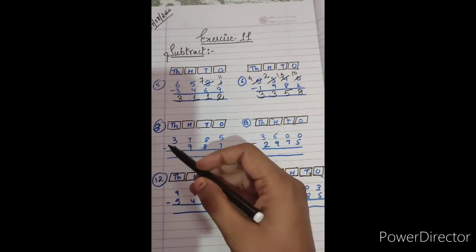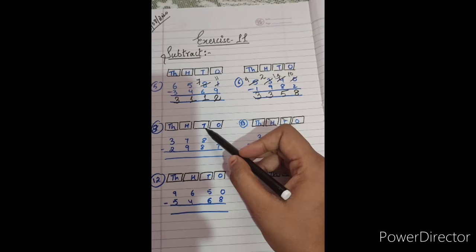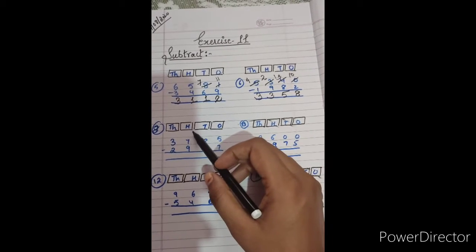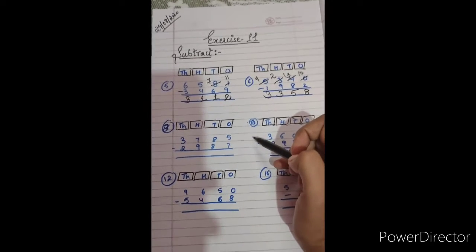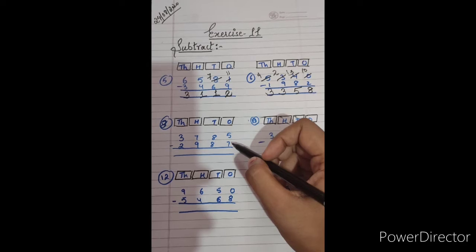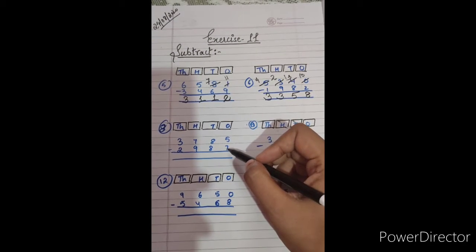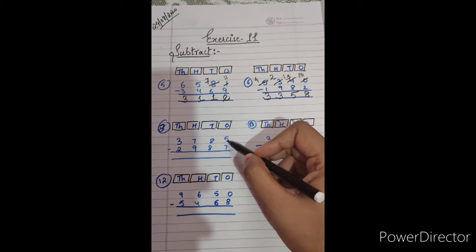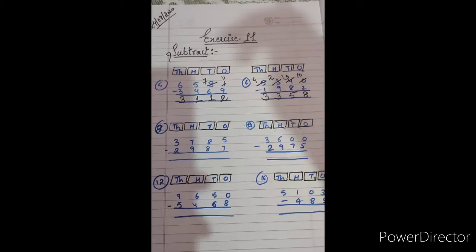Now question number 8. O stands for ones and T stands for tens, H stands for 100 and TH stands for 1000. Now step 1 is already done. Now step 2 is subtracting the ones. So we want to subtract 7 from 5. But it is not possible because 7 is greater.